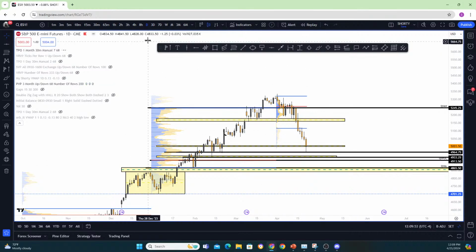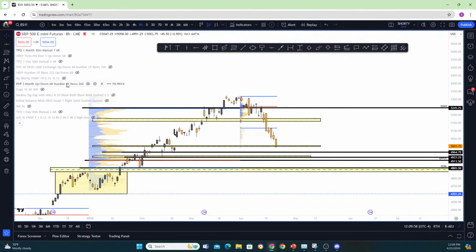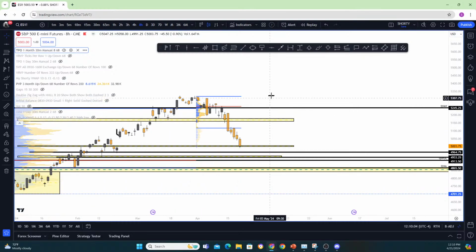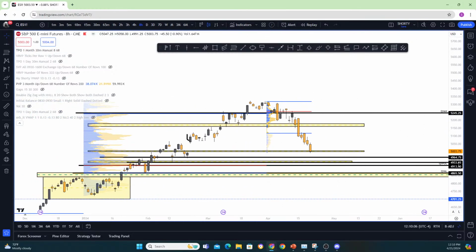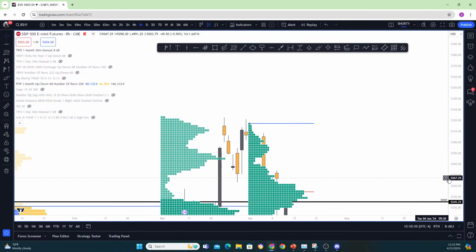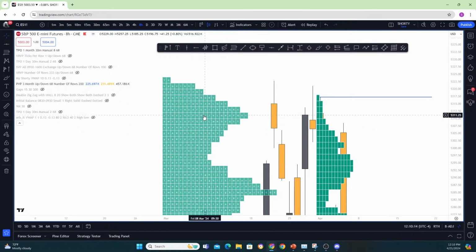I'm just going to switch to RTH for a moment, and then we'll go here, and let's see. So here's your TPO. Is there a lot of excess here? No.